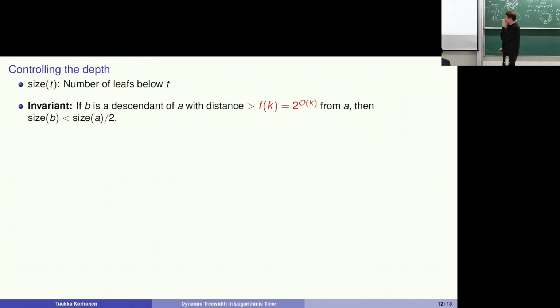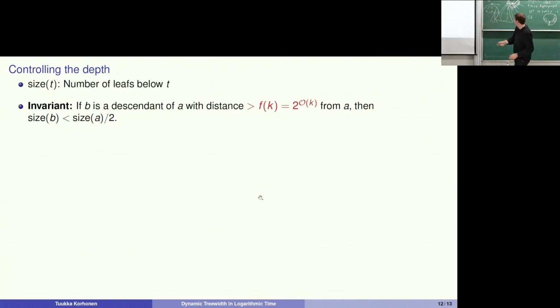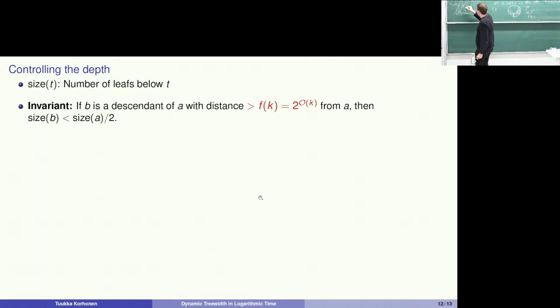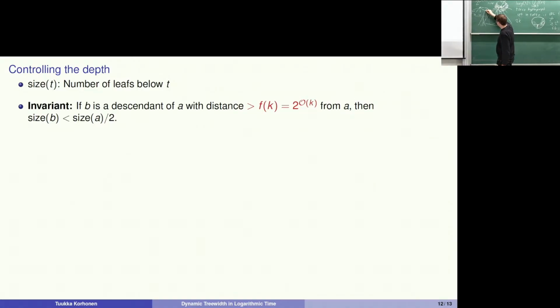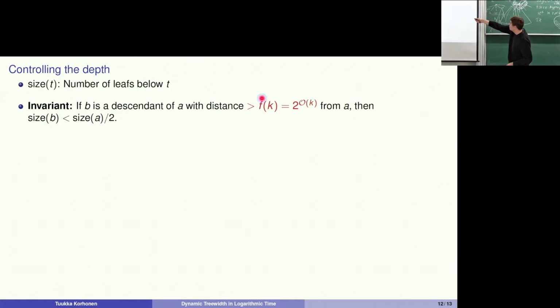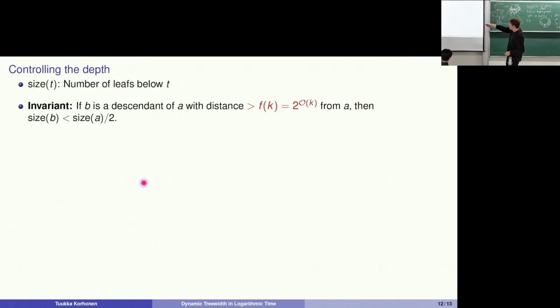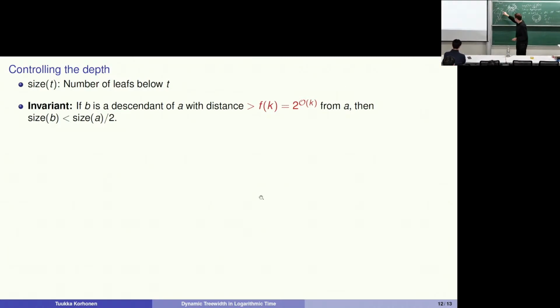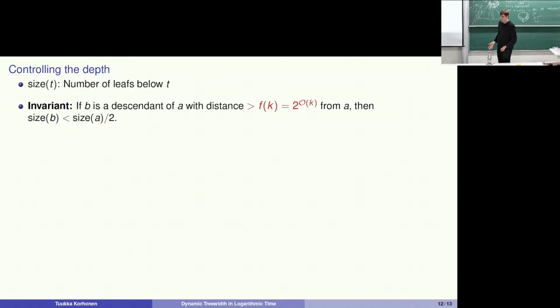And we want to maintain an invariant: if we have a node B that's a descendant of a node A, so node A is maybe somewhere here, and when you go down through child and main child you meet the node B, and it's a descendant at a large enough distance, at least some f of k, which is 2 to the k, then we must have that when we go from A enough steps down, the subtree size halves.